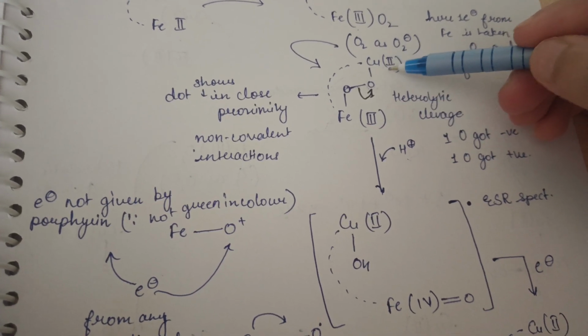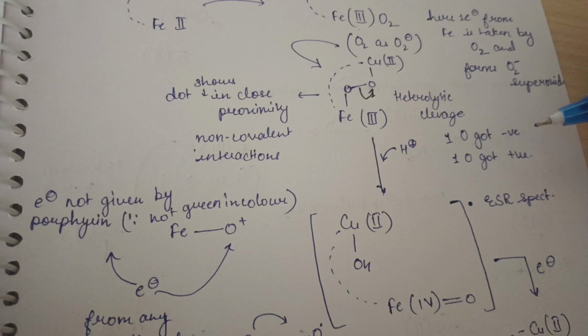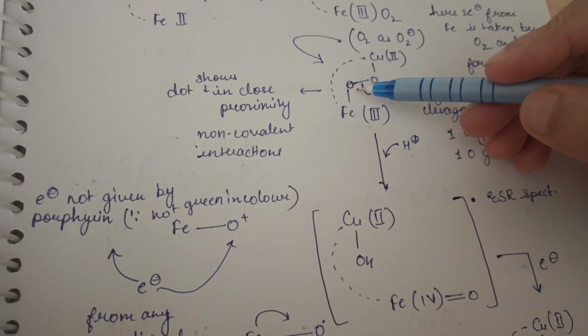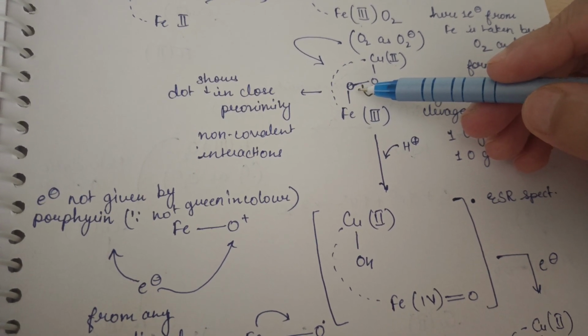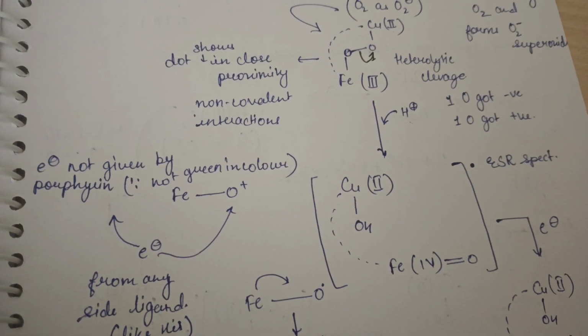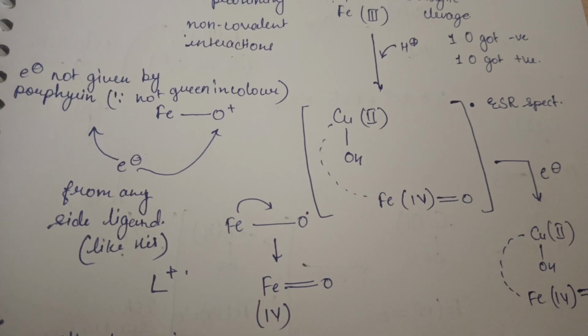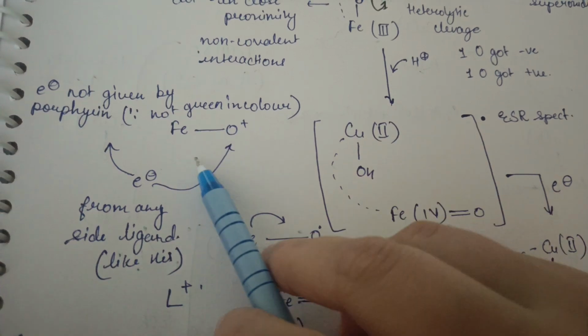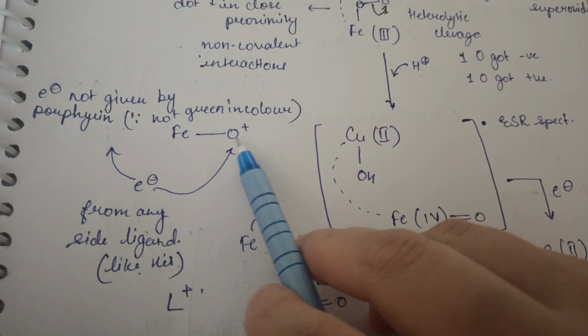So we will get copper in +2 with OH attached to it. Whereas here, there will be a positive charge on this oxygen.